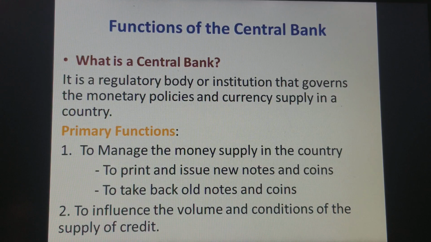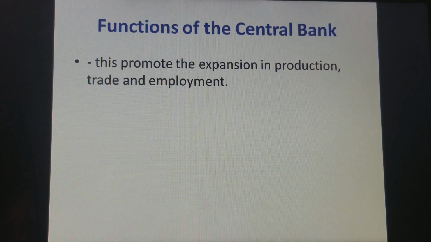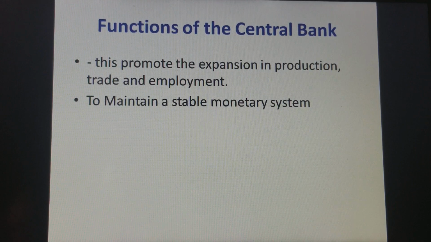Secondly, to influence the volume and conditions of supply of credit. And we continue to look at that now. It says to promote the expansion in production, right, and trade and employment. And to maintain a stable monetary system.